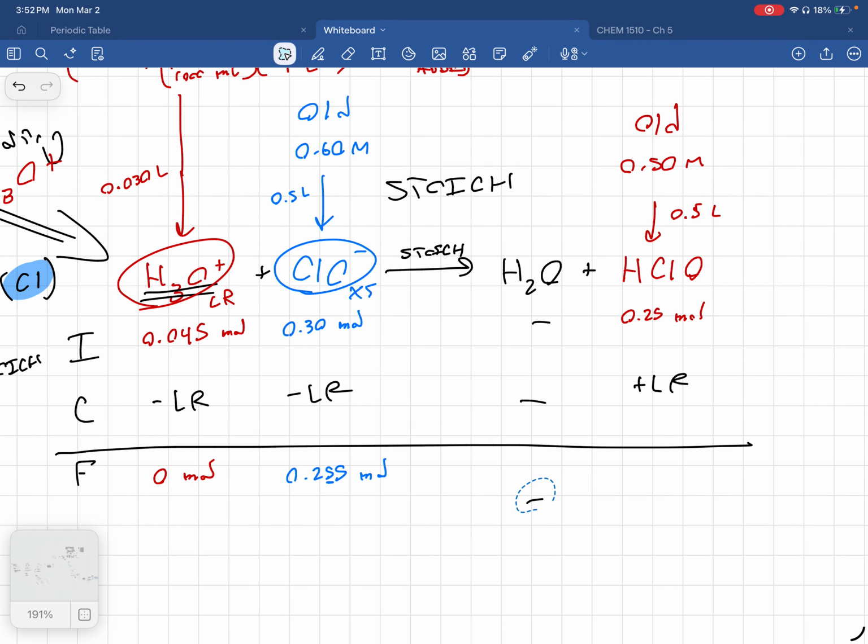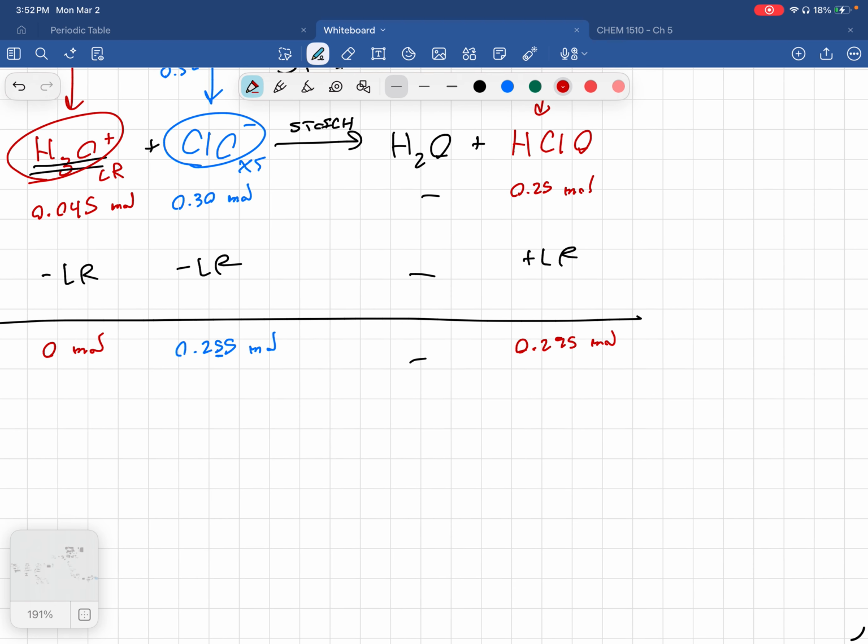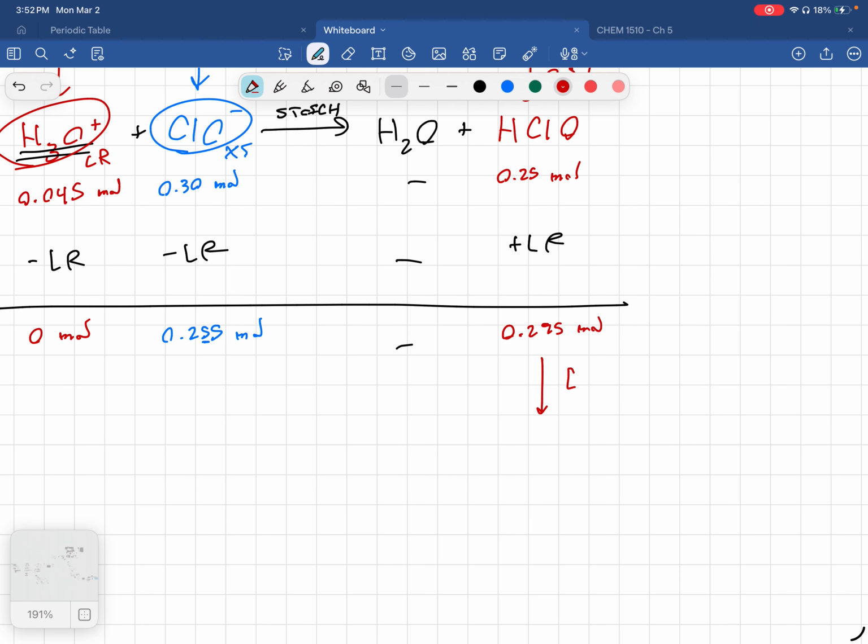And then over here, we're going to do the same thing, only instead of removing by the amount of limiting reactant, we're adding, so it's 0.25 plus 0.045. And so we get 0.295 moles.